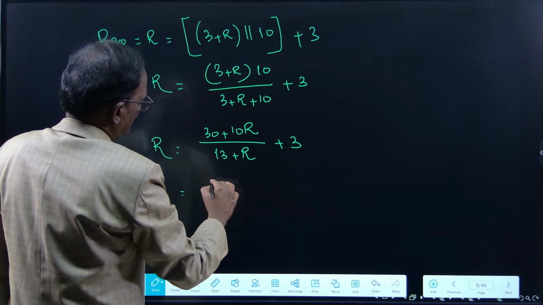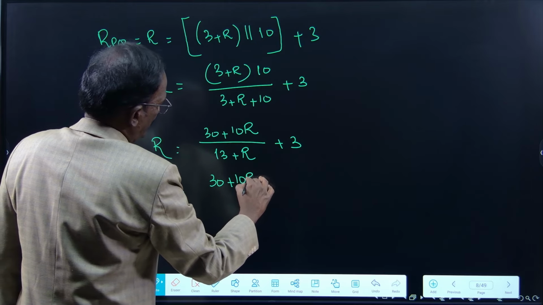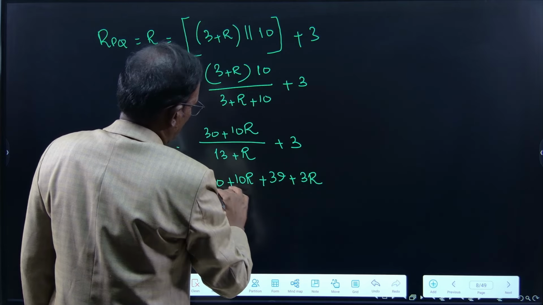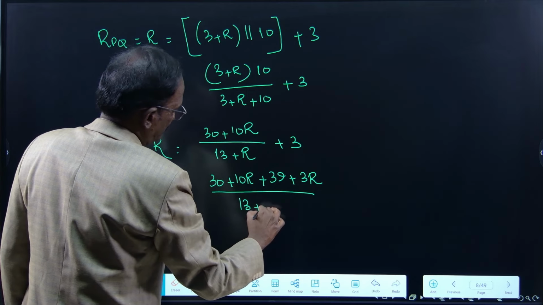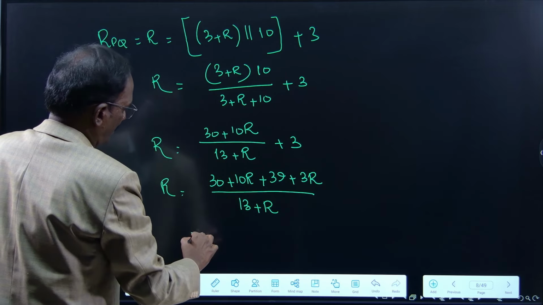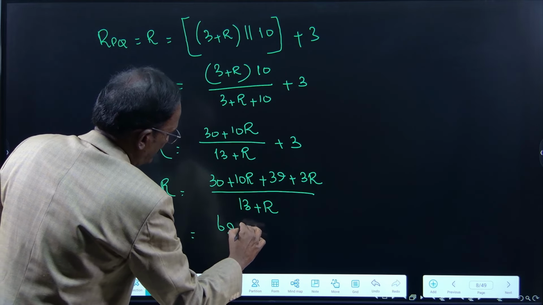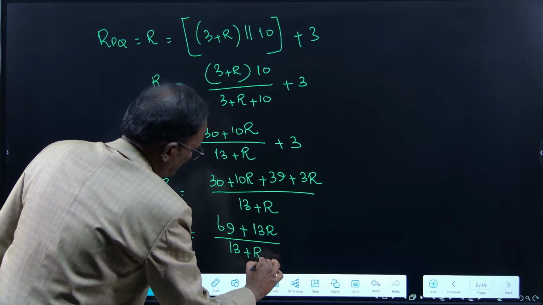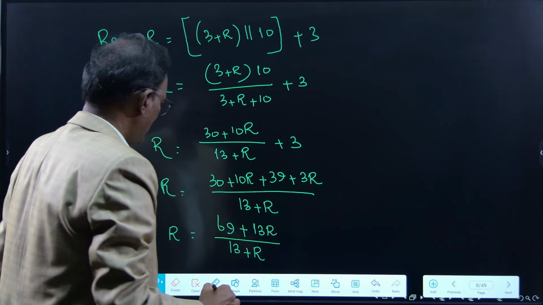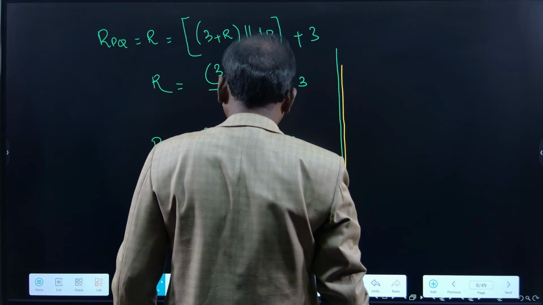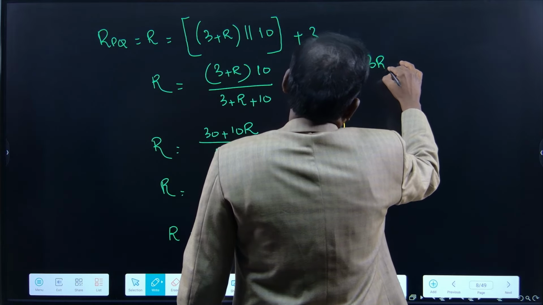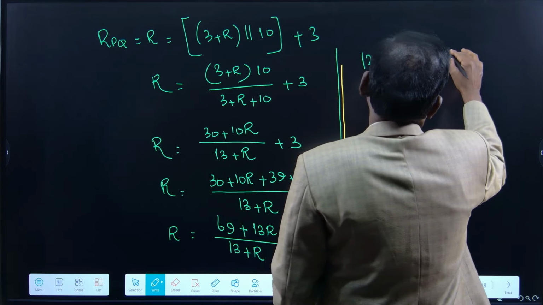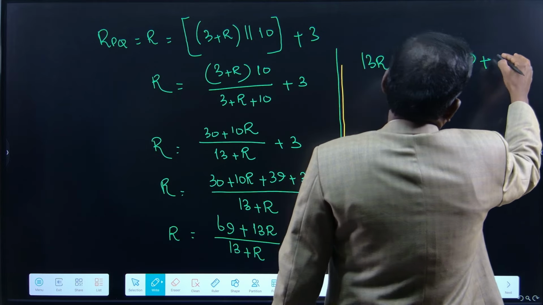So 30 plus 10R plus 3 into 13, 39 plus 3R, divided by 13 plus R. 30 plus 39, 69 plus 13R divided by 13 plus R. If we cross multiply it, 13R plus R square is equal to 69 plus 13R.